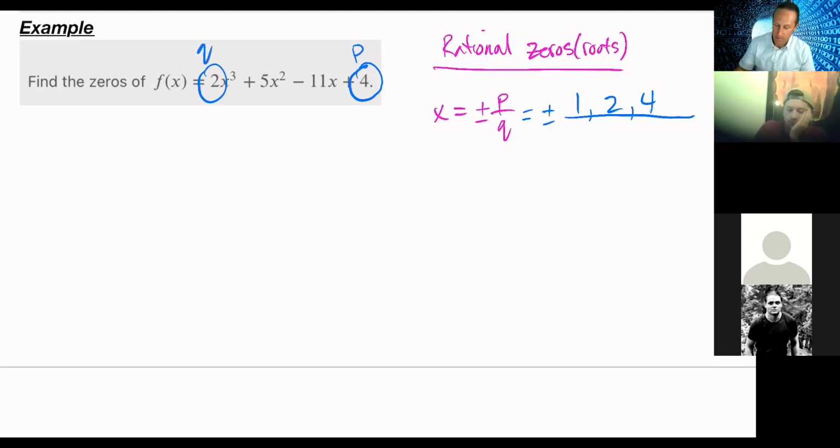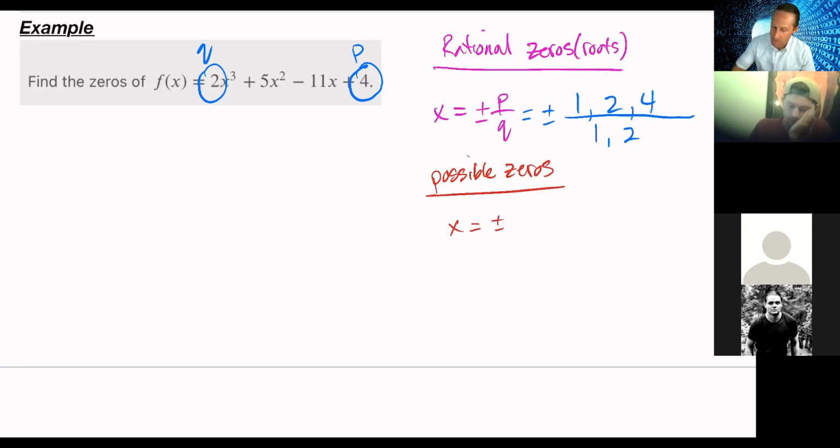And the Q, beautiful, only 1 and 2. So what are all my possibilities? That's what this finds for us.